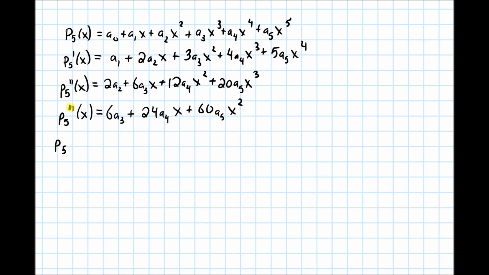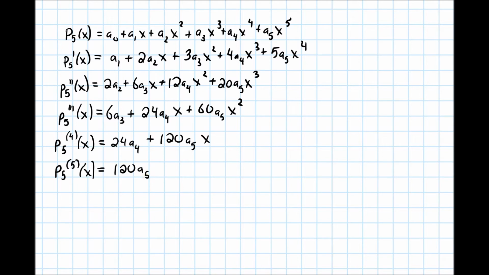Once we get to the fourth derivative, this is where we stop writing tick marks typically, and we write this parentheses notation. Okay, so first term is 0 because that's a constant. Next term's derivative would be 24a4. And this last term's derivative would be 120a5 times x. And then finally, the fifth derivative would be just 120a sub 5.